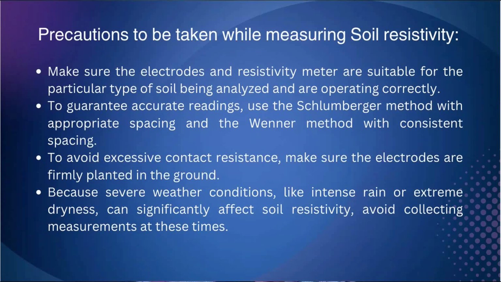Third, to avoid excessive contact resistance, make sure the electrodes are firmly planted in the ground. Fourth, severe weather conditions such as the rainy season or dry season can significantly affect the soil resistivity. Hence, one should avoid taking measurements in such times.